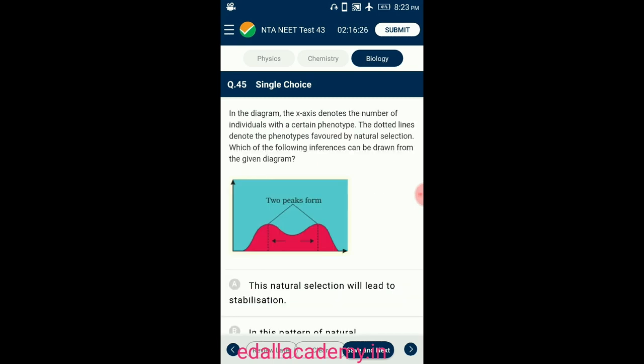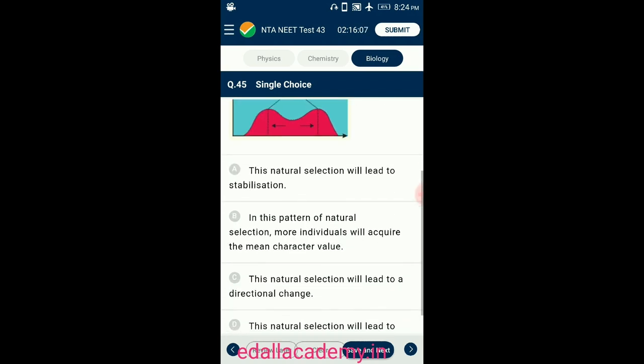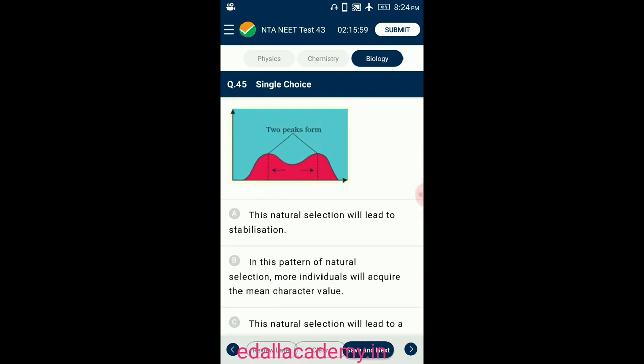Question number 45. In the diagram, the x-axis denotes the number of individuals with a certain phenotype. The dotted lines denote the phenotypes favored by natural selection. Which of the following inferences can be drawn from the given diagram? Natural selection can lead to stabilization, in which more individuals acquire the mean character value.